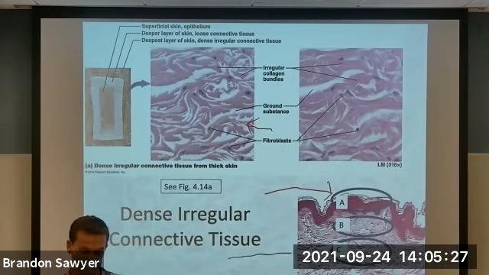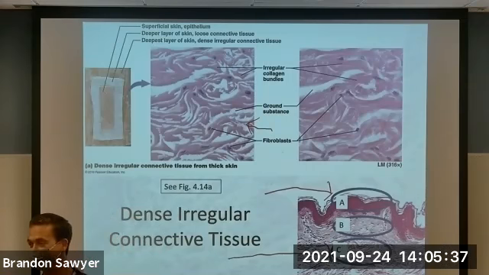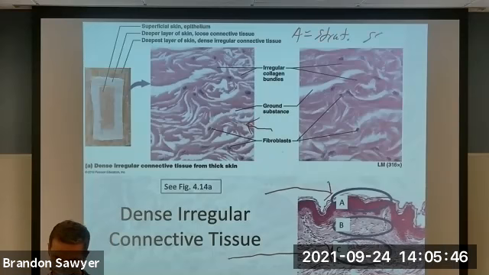But then finally, when we get to C, the lower part of the dermis, that's our reticular layer. It's called the reticular layer, which is kind of confusing because it's not reticular connective tissue, it's dense irregular connective tissue. So let's write it here. A is our stratified squamous epithelial tissue.